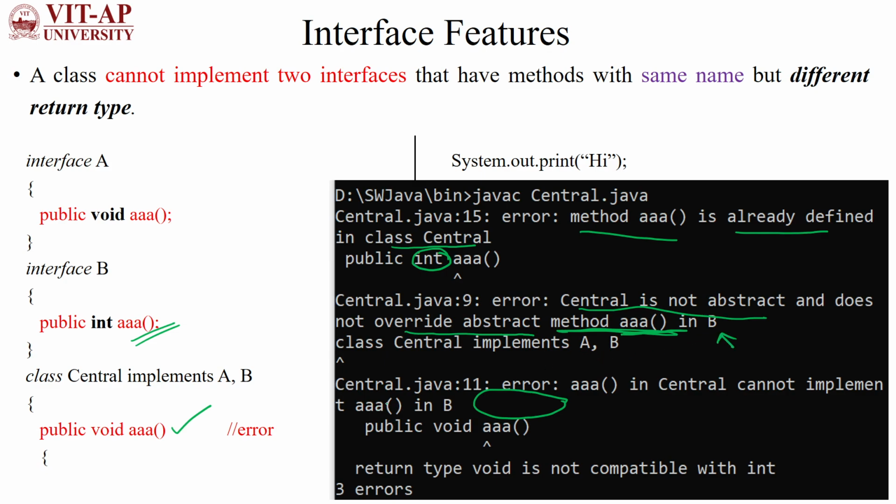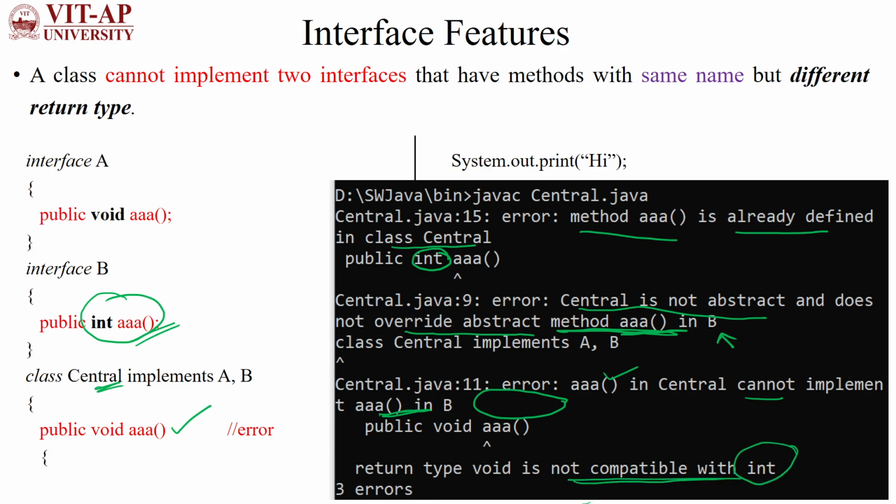Then another error is that tripleA in class Central cannot implement tripleA in B. That means the method which has return type int is not able to be implemented in the class Central, because both are not compatible in return type.